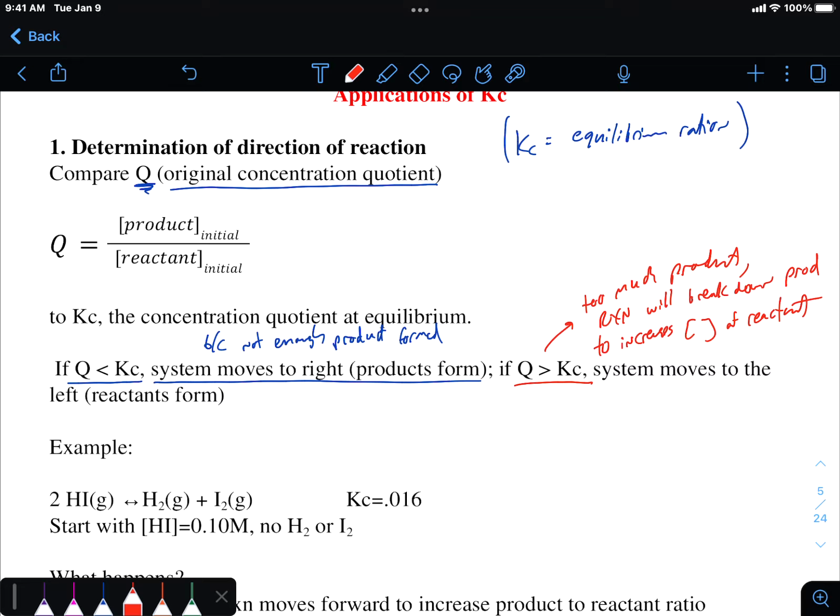So we're going to have to do some evaluation. We're going to have to solve with initial concentrations. We're going to have to compare it to what the Kc is, and that will tell us the direction the reaction is going to proceed.